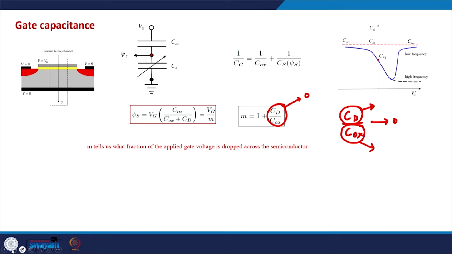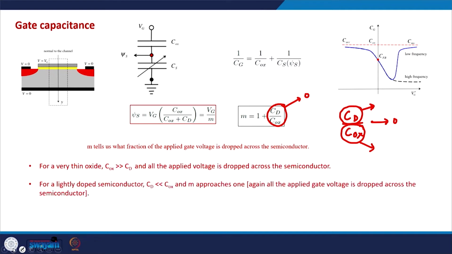In order to have Cd as low as possible, we need a lightly doped semiconductor, because as you recall, Cd is directly proportional to the doping of the semiconductor. If the doping is less, Cd is extremely small compared to Cox, and m approaches 1.